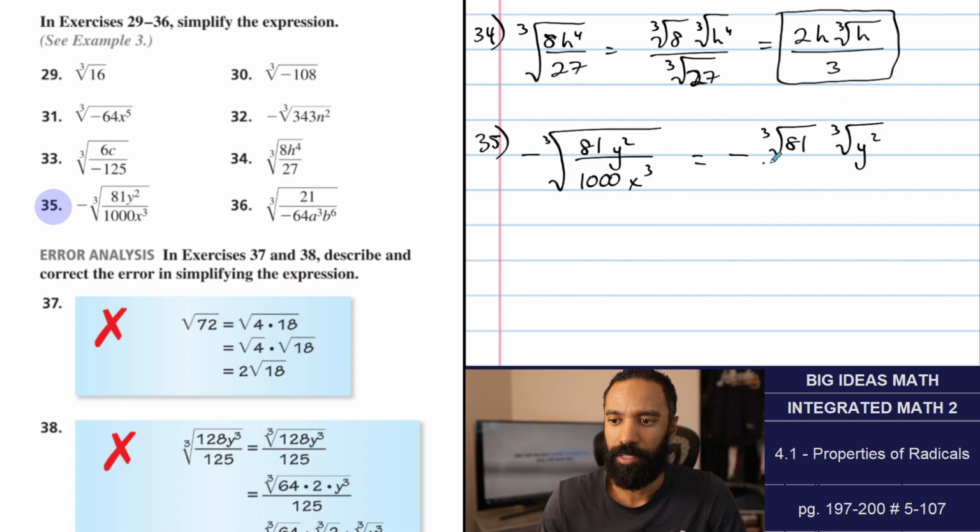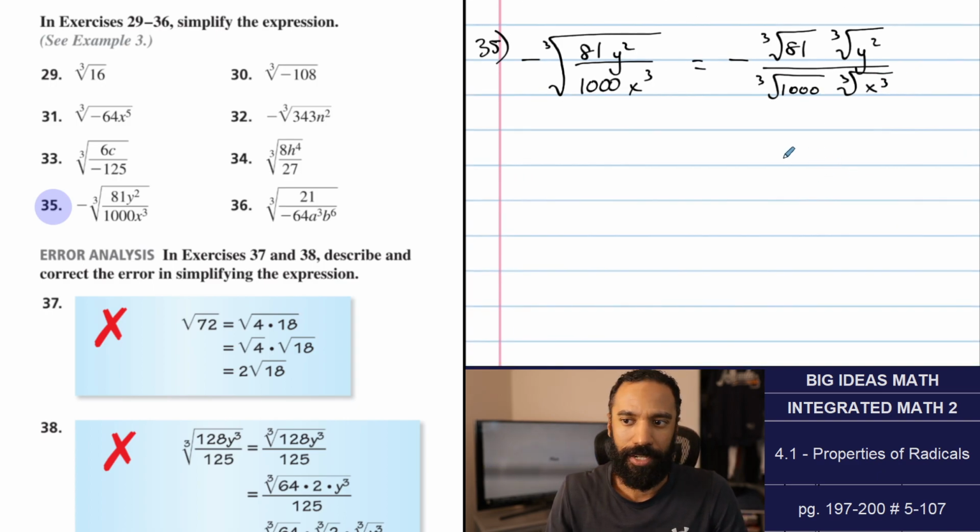Not for y squared. Boo hiss. Cube root of 1000 and cube root of x cubed. Okay. Cube root of 81. Not a perfect cube in and of itself. However, it does contain 27. And 27 times 3 gives us 81.